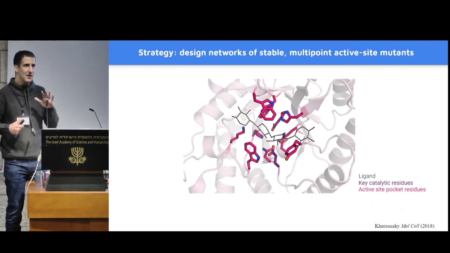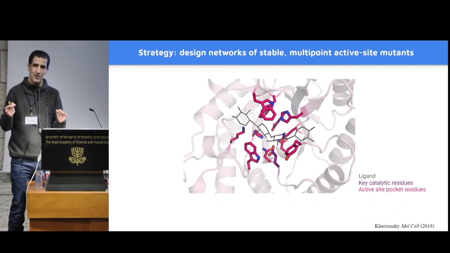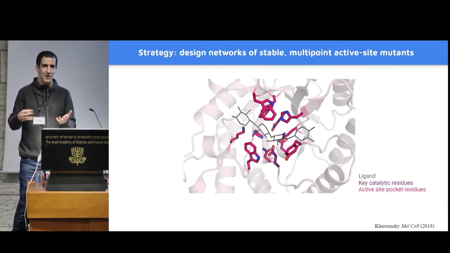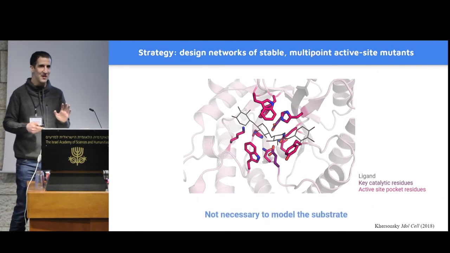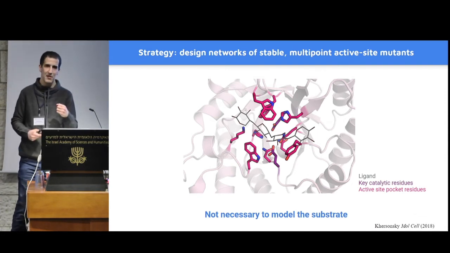Now, crucially, in all of the enzyme design methods that I know, you absolutely need a substrate-bound or transition state-bound model of your enzyme. But actually, if you think about it, these models are often quite inaccurate. So here we asked whether we could get away with not modeling the substrate or transition state at all within the active site pocket, and we're just designing the apo state of the active site pocket, essentially looking for constellations of amino acids that would be stable and pre-organized.